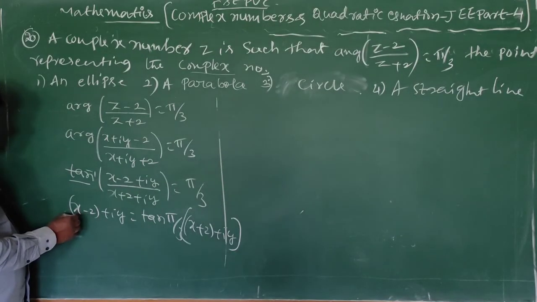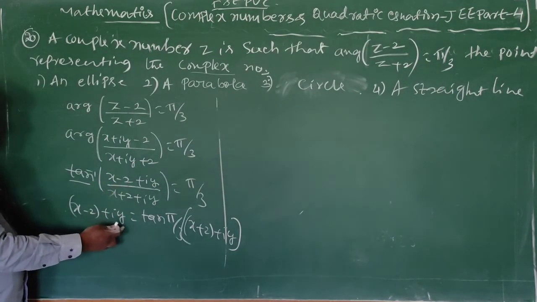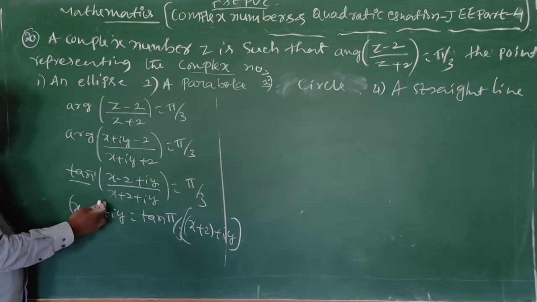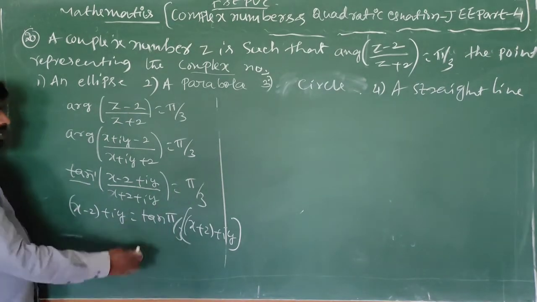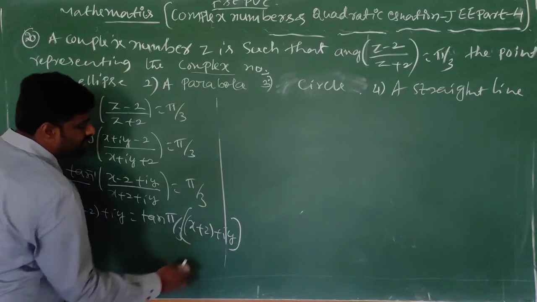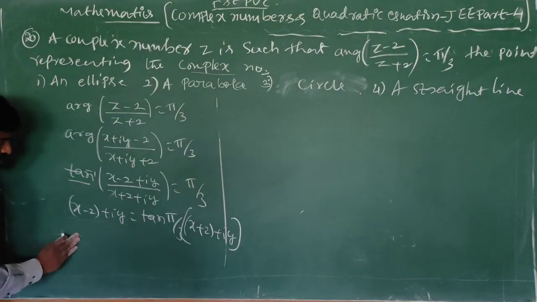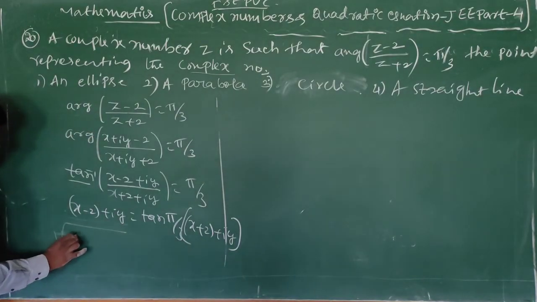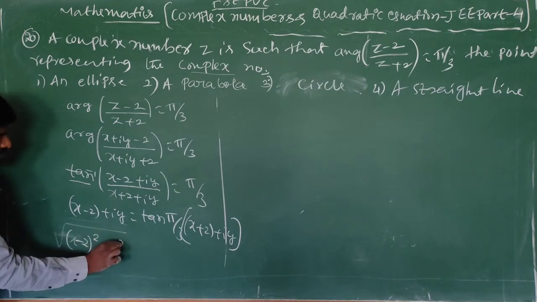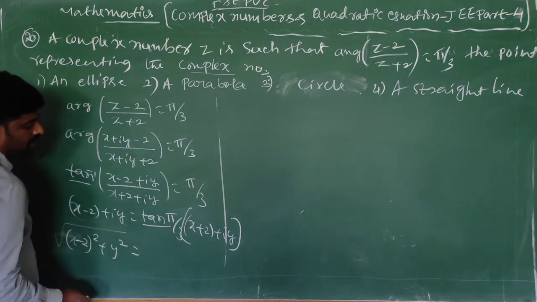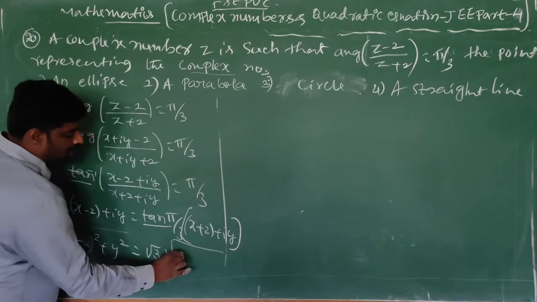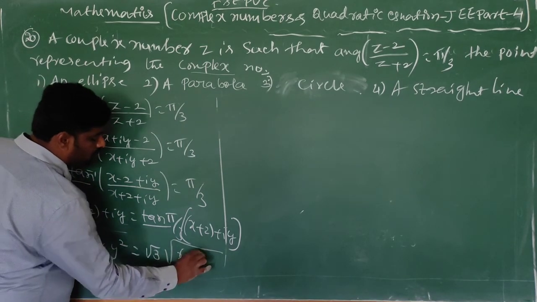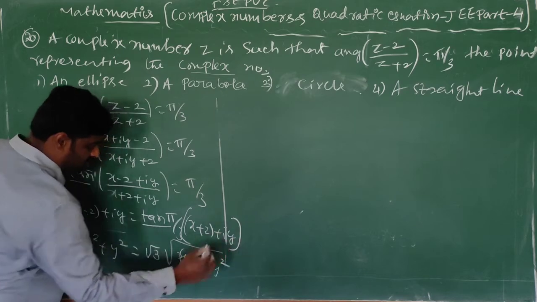So now x minus 2 plus iy, the tan inverse will shift to the right-hand side, it becomes tan pi by 3 into (x plus 2 plus iy). So taking the modulus, square root of (x minus 2) whole square plus y square equals tan pi by 3, which is root 3, times square root of (x plus 2) whole square plus y square.